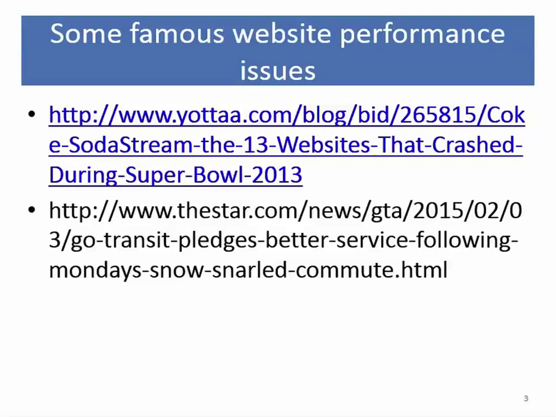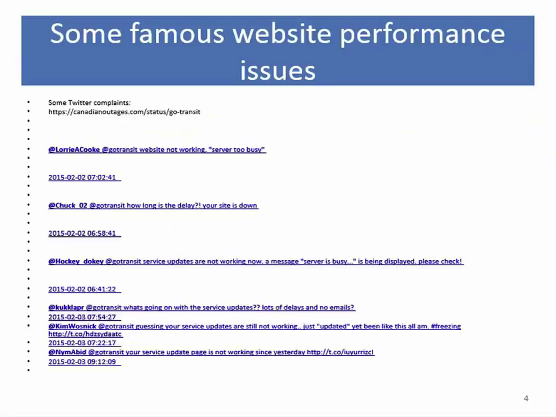And also nowadays, you have social media and the Internet of Things. So everybody with their mobile devices is online, right? So if you're experiencing problems with your public-facing websites, you can expect the news to spread pretty quickly, even at a grassroots level.